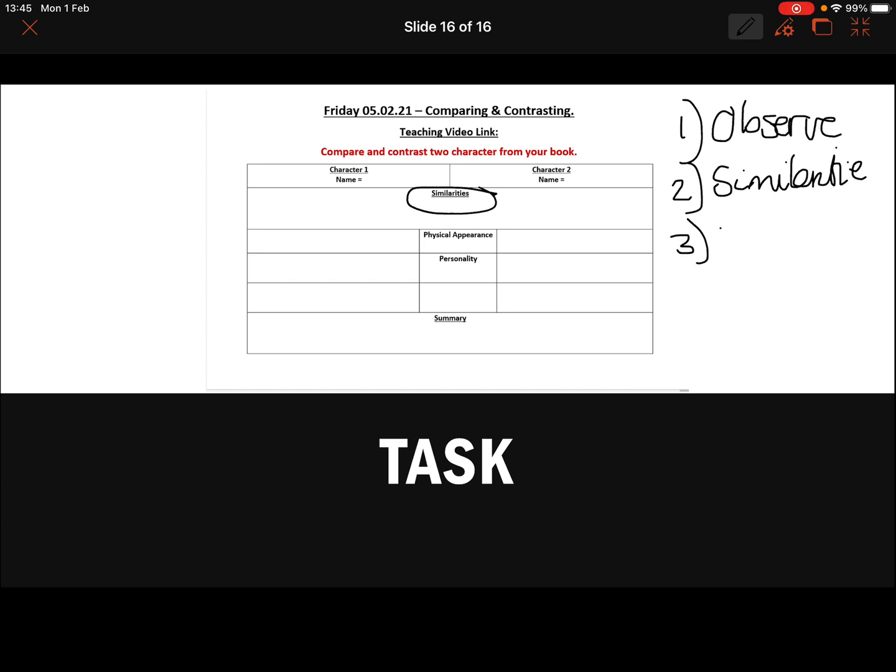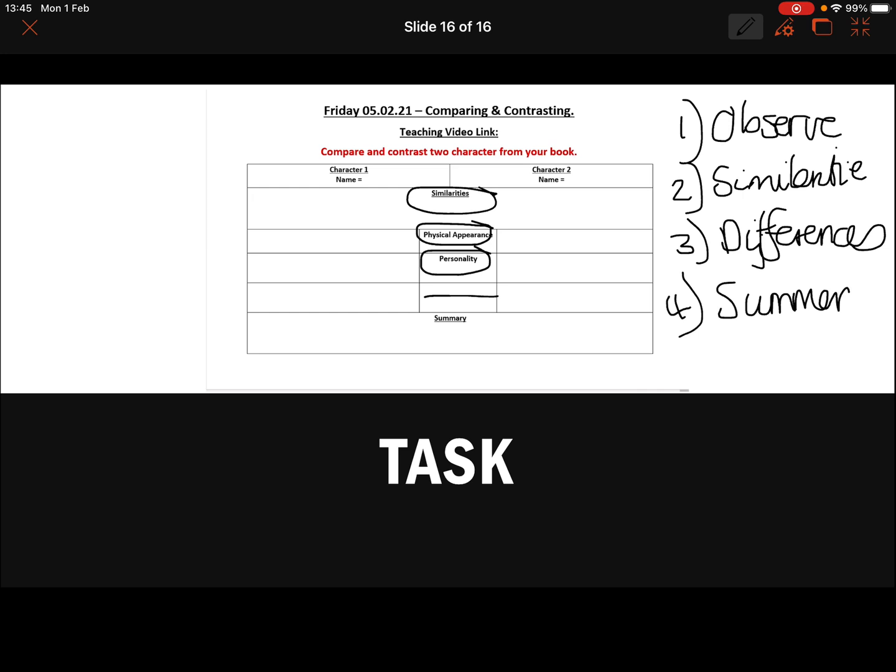Step 3, you have to talk about the differences between those characters, in particular their physical appearance, their personality, and you can think of one of your own as well to compare. And step 4, you have to then summarise what you have noticed about those people.